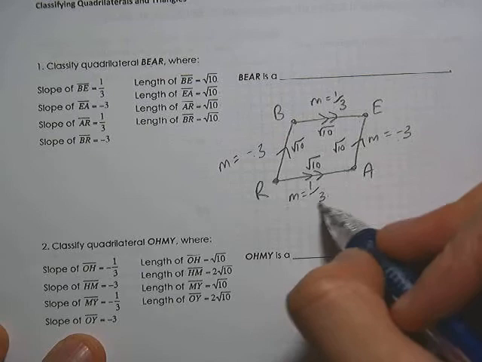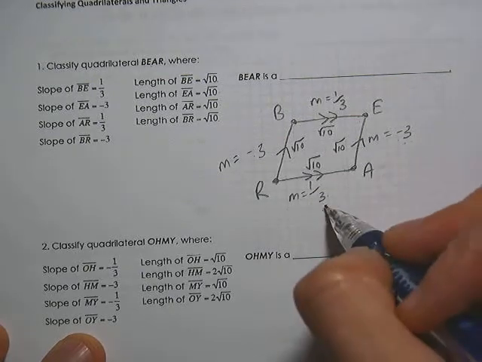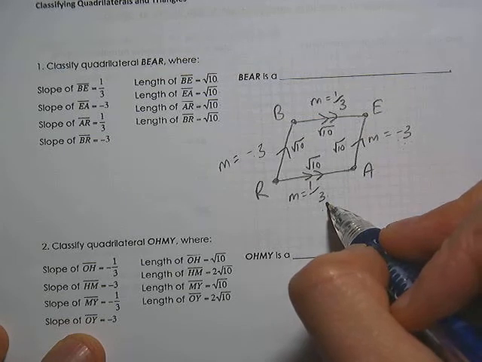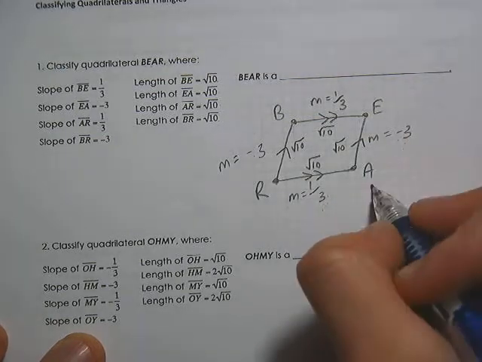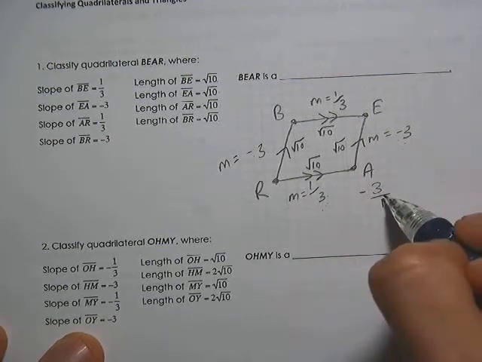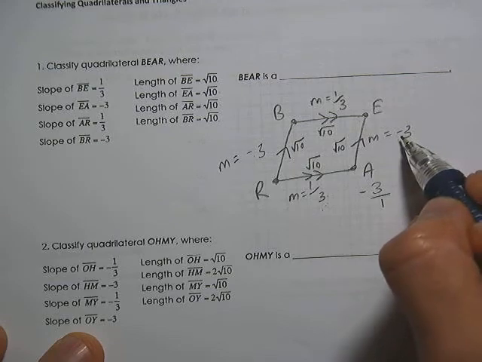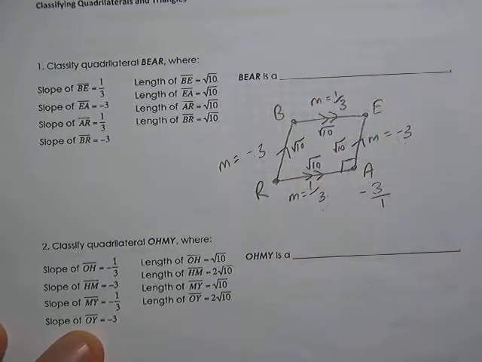So if I take this one and compare it to the slope of this one, if they are negative reciprocals to each other, then that means that this angle is a right angle. So I'm going to take one of them, flip it, and then change the sign. Is that the same as that? And it is. So these are negative reciprocals, which means these cross at a right angle.